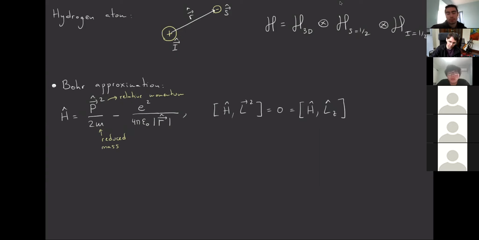What is the orbital angular momentum? This is just r cross p, just the orbital angular momentum that you know from classical mechanics. And on top of this, we know that L squared commutes with Lz, the third component.